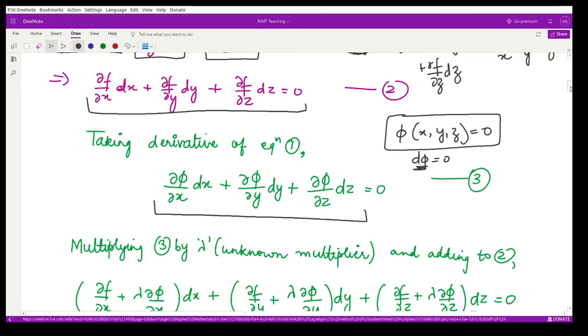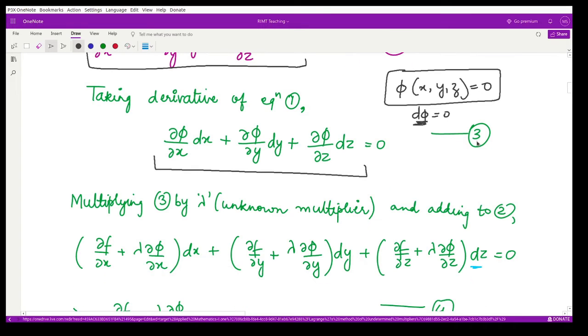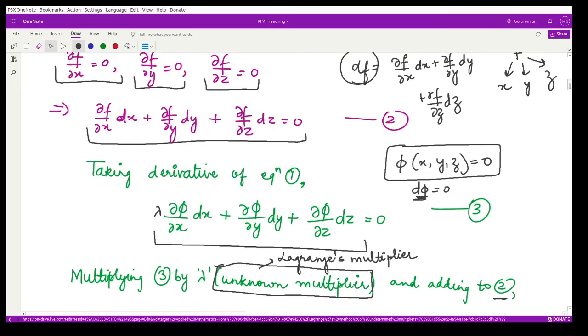So next, we are multiplying equation 3 by lambda, which is an unknown quantity, an unknown multiplier, usually given the name Lagrange's multiplier. And once you multiply equation 3 by lambda, you add it to equation number 1 such that the terms become this.